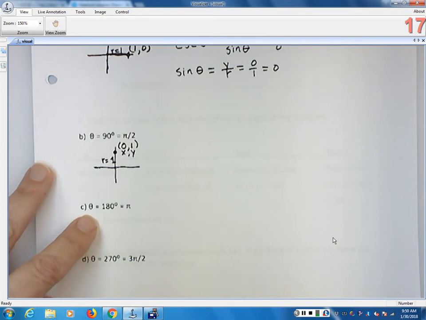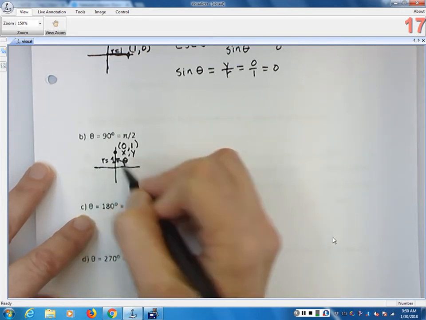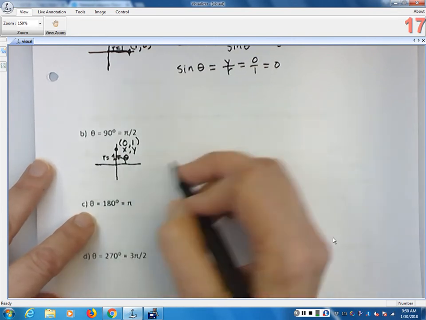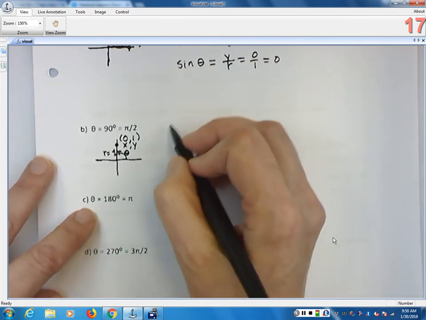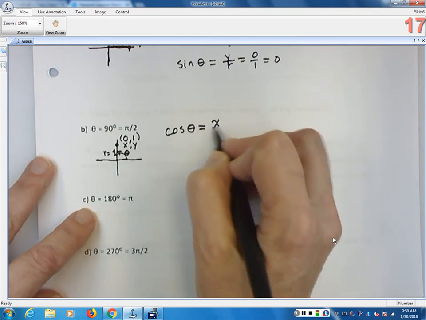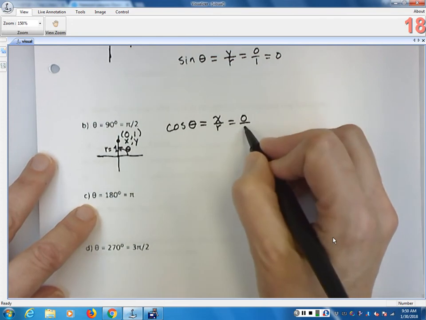This is theta. It's 90 degrees. So cosine theta is x over r, 0 over 1 is 0.